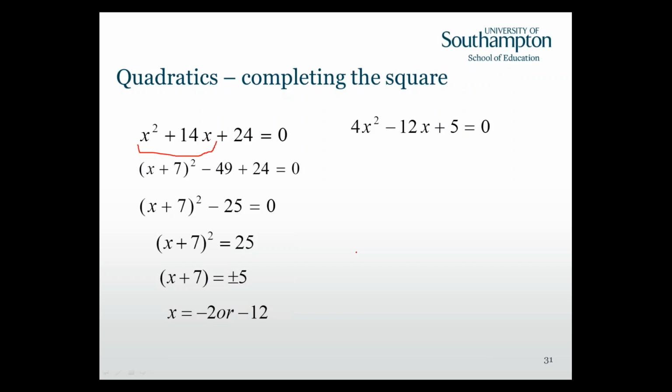Bizarrely, I think because this process of taking things to the side and solving was what we were more used to. On that example, it seems very simple to do. You've really only got to remember you've just got half the 14, half that number, and the rest of it just flows.